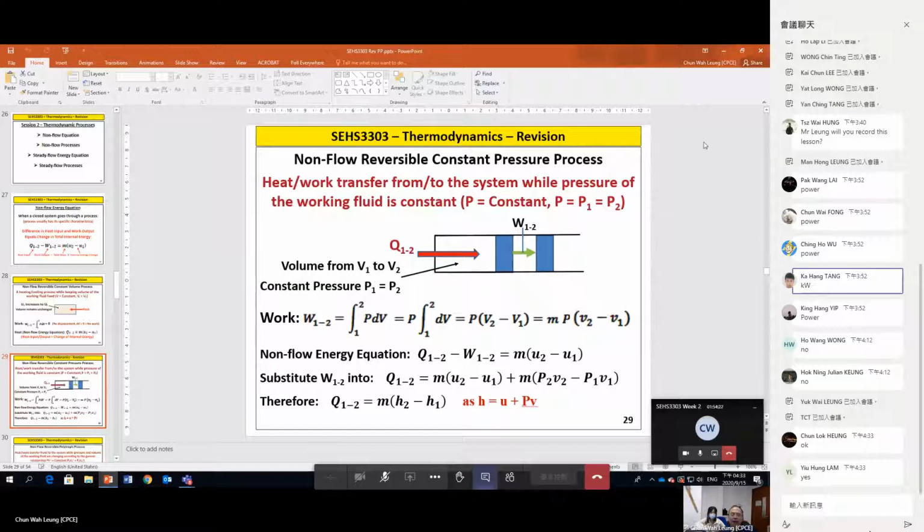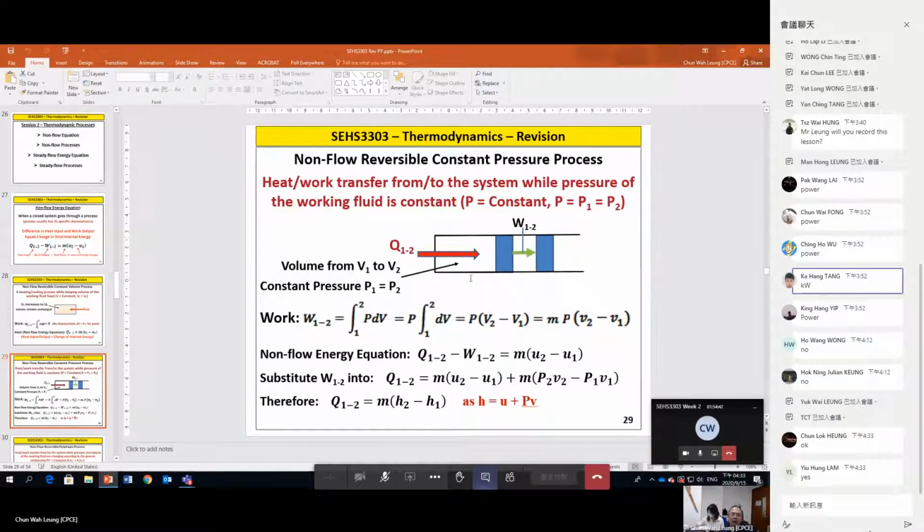Then I'm talking about this non-flow constant pressure process. Notice that this time we supply heat to heat up the fluid inside. Therefore, it expands and drives the piston out. So the volume is expanding from V1 to V2.